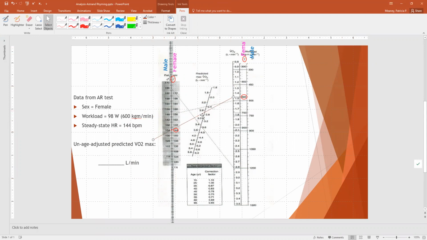And then I'm going to pay attention to this area right here. The line I drew passes through the line for predicted VO2 max right in the middle between 2.6 and 2.8. So halfway between 2.6 and 2.8 is 2.7.